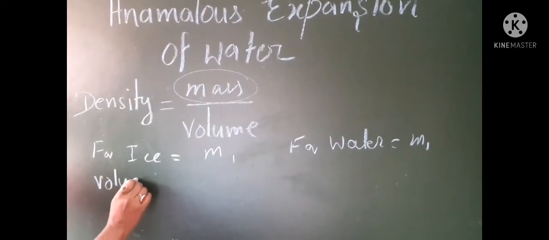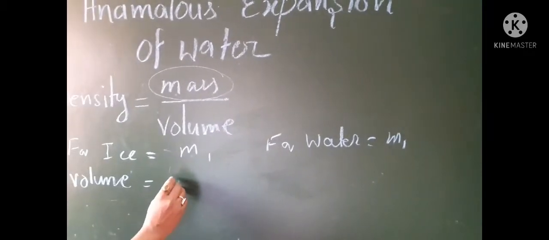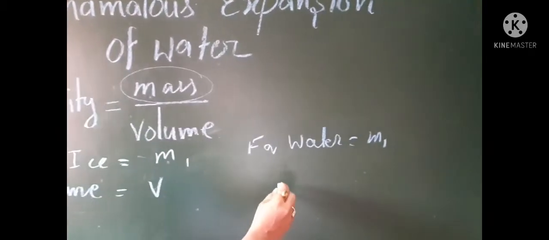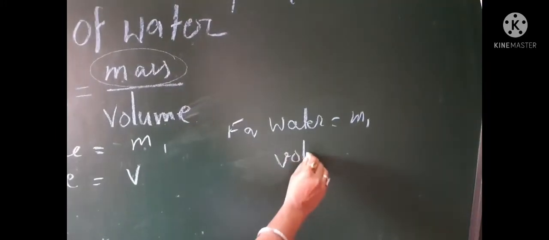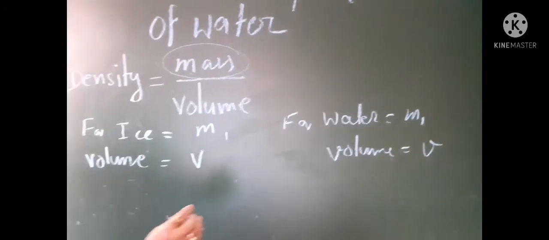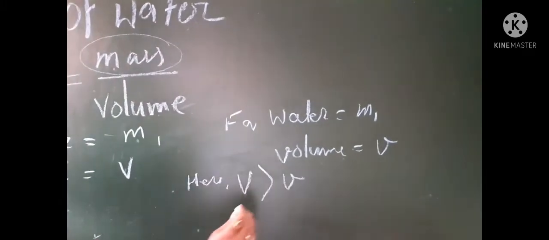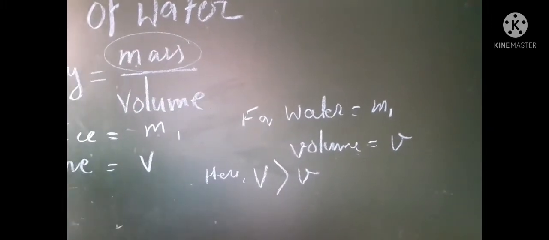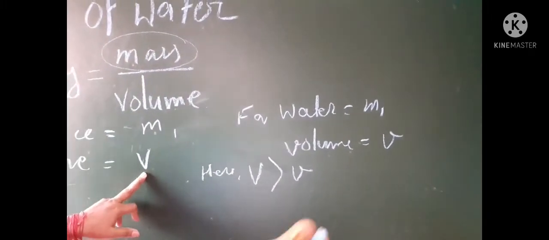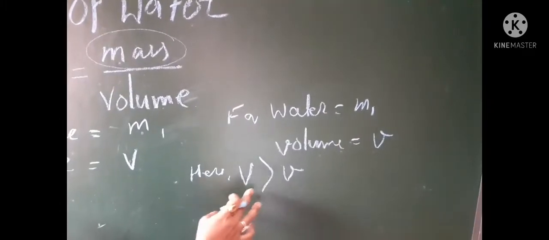As the volume is increased, I am taking it as capital V, and here the volume I will take as small v because here volume is less. You can mention it. V is greater than small v, which we have just seen with the demo, that the volume of the ice cube increased as compared to the same quantity of liquid water. So I have mentioned it here.